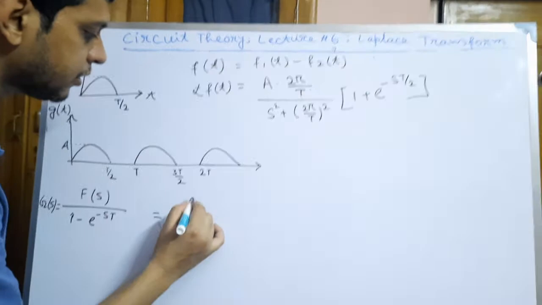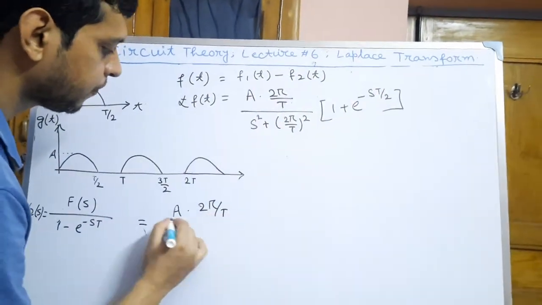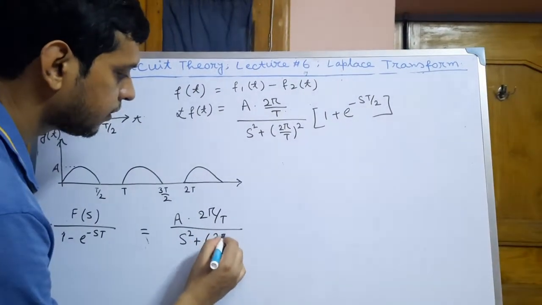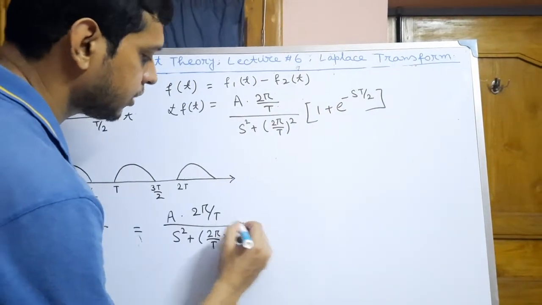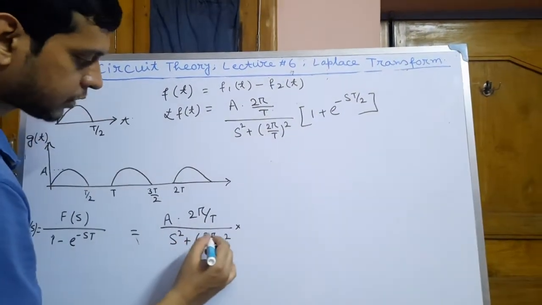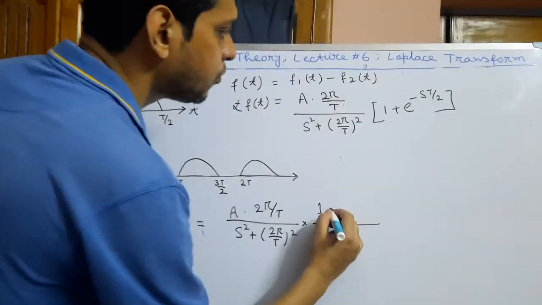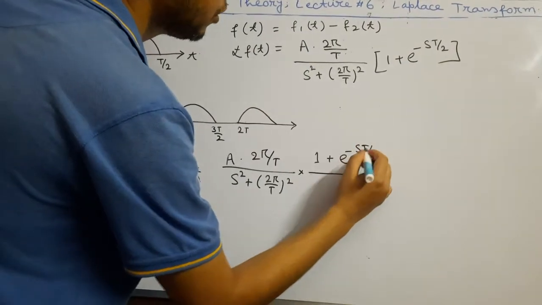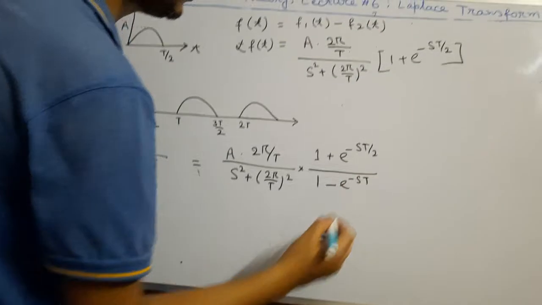Let us write this first: A(2π/T) / [s² + (2π/T)²] into (1 + e^(−sT/2)) / (1 − e^(−sT)).